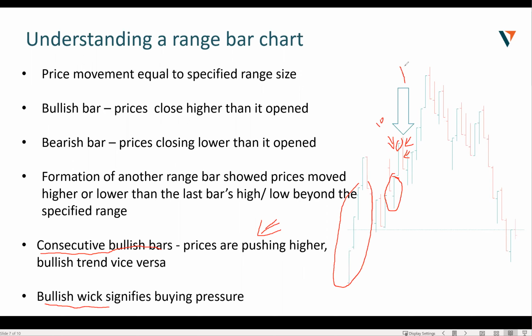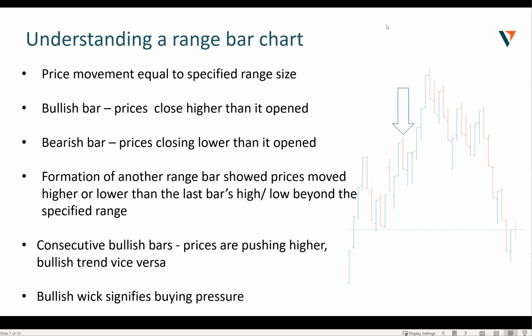We talked about this specific candle as well, which shows that prices moved beyond the previous bar's range, thereby allowing us to form a new range bar. But it also shows that it fails to fully form a bullish range bar. It comes in bearish because prices actually moved much lower, so there is selling pressure coming in. So a bullish wick signifies buying pressure, and your bearish wick would then signify your selling pressure.